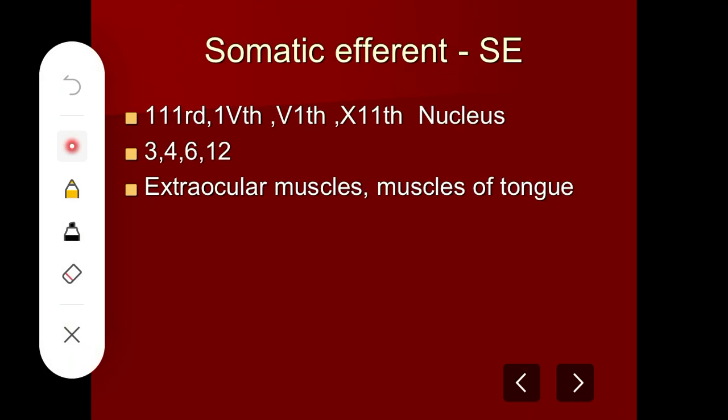When I'm saying somatic efferent, by viewing that term itself, you could say the function of that component. What is it? It is efferent. Efferent means what? Motor. Motor to what? It is somatic efferent. So, motor to the structures that is derived from soma or somites.